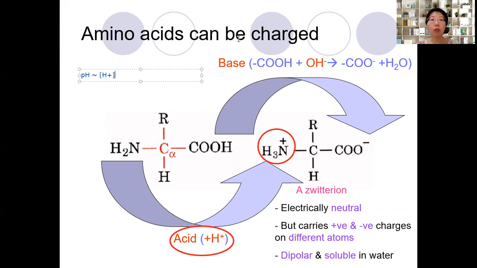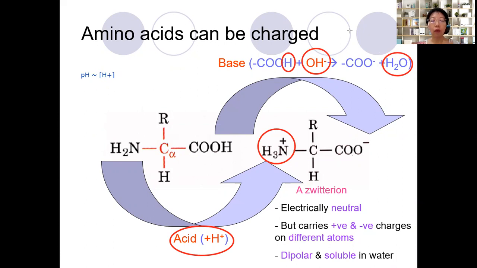Now, in the same way, when you add the base into the solution, the base will straight away react with the acid to become water, and water is neutral. So again, this base will not be able to increase the pH of the amino acid solution.